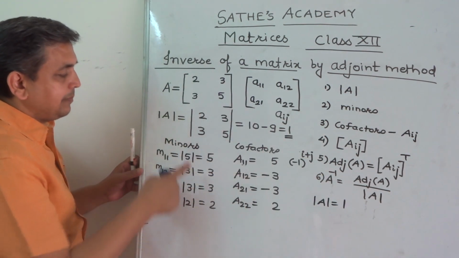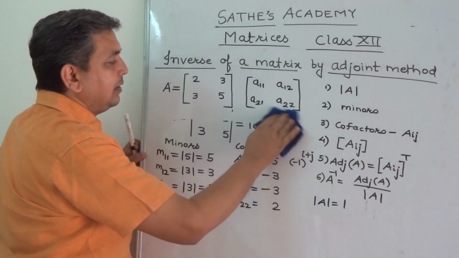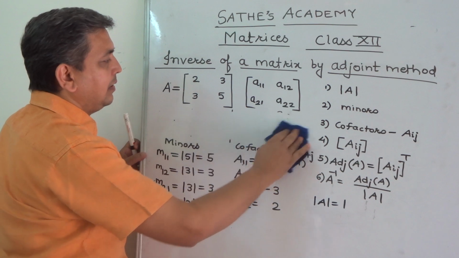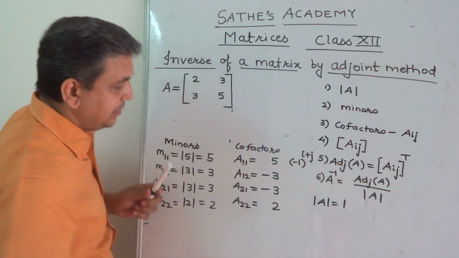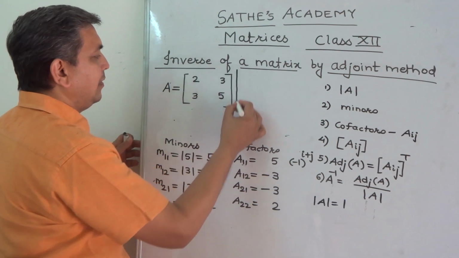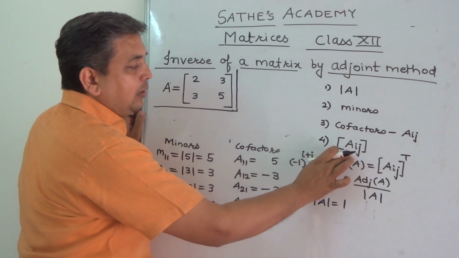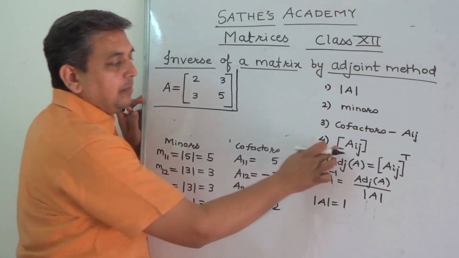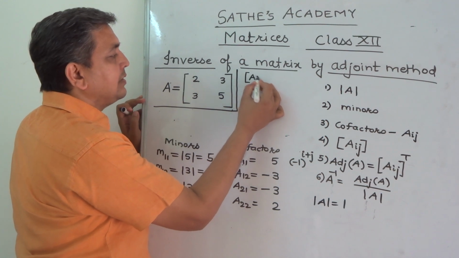Now see the next step, minors and cofactors are clear. This was a problem. Now we want the fourth step, matrix A_ij, the matrix of cofactors.